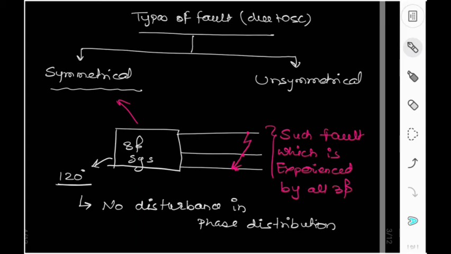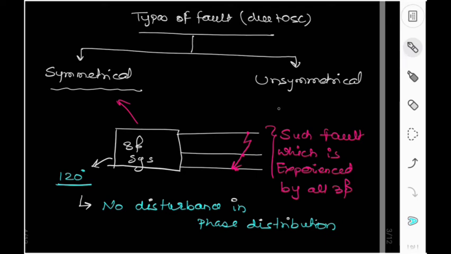In symmetrical fault, when all the phases experience the same fault level, we call that a symmetrical fault. And under symmetrical fault the phase difference is 120 degrees. It means there is no disturbance in the phase distribution.